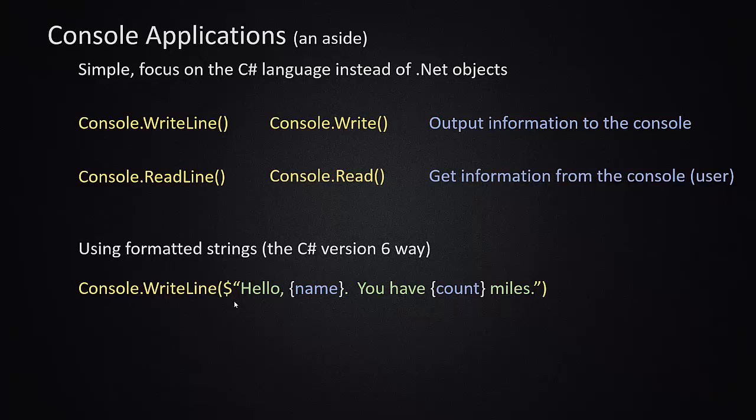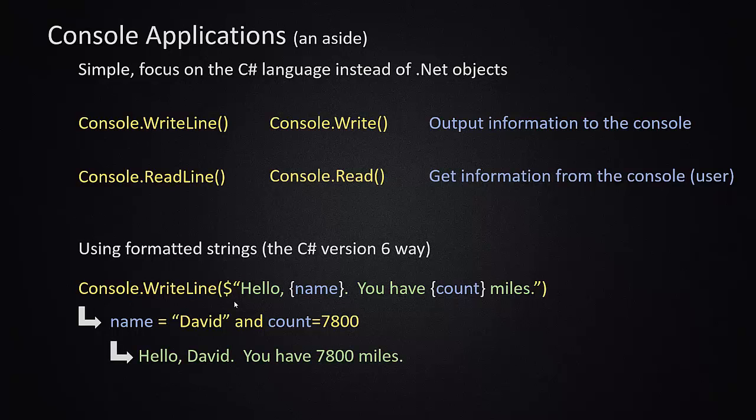So, for example, if we had the variables name equals David and count equals 7,800, when we actually execute the WriteLine, it's going to replace the curly braces name with the word David and replace the count variable with the value 7,800, and you would see an output that looks like this on the screen: Hello, David, you have 7,800 miles. This is a really great and easy way to produce formatted results based off of values stored in variables.